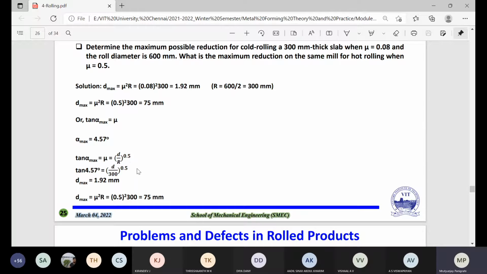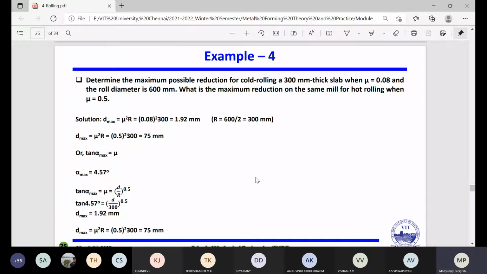This equation we already derived in earlier classes. Now we have to find D, so instead of alpha max put tan 4.57 degrees equals D by R to the power 0.5, R being 300. You will find D max equal to 1.92 mm, similar to the first part. For the other part, D max equals mu squared R, and putting in the same equation you will find 75 mm. Fine. Is it fine?